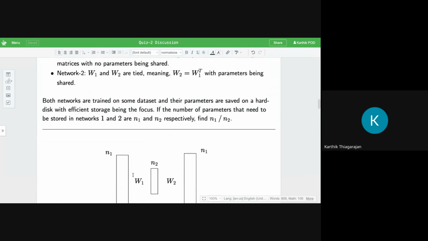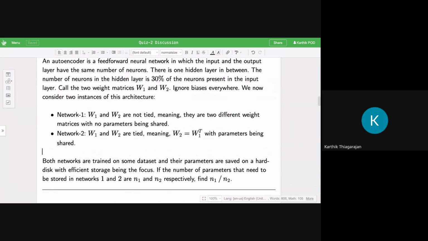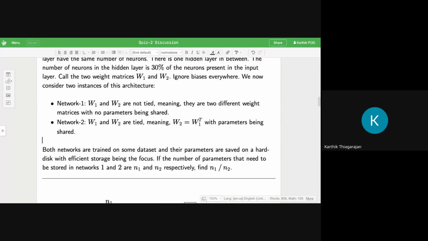The main thing we wanted you to take away from this problem is that parameter sharing in the form of weight tying happens in these networks called autoencoders. And when that happens, you're saving not just memory. This is focused on the memory footprint of a network, but it's also structurally forcing the network to learn with fewer parameters.